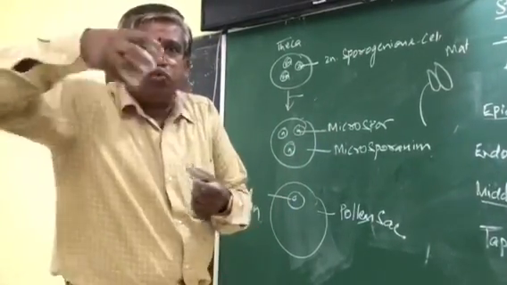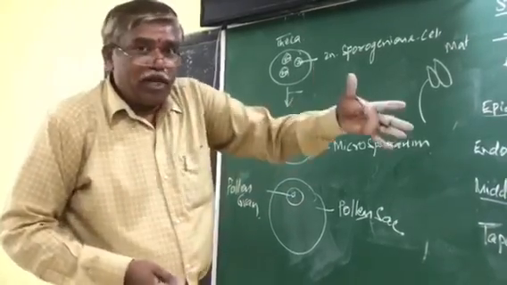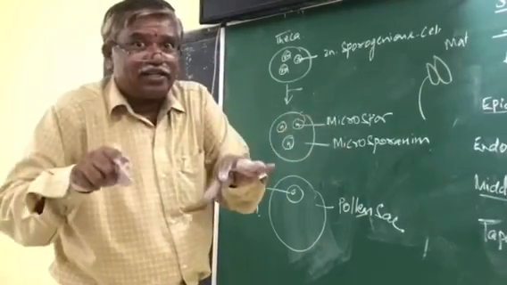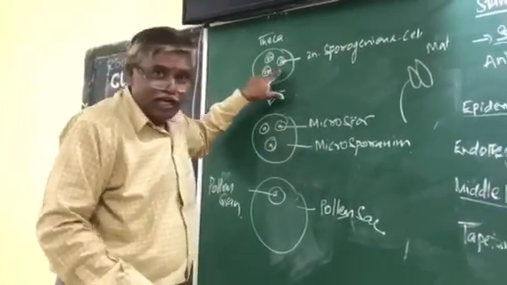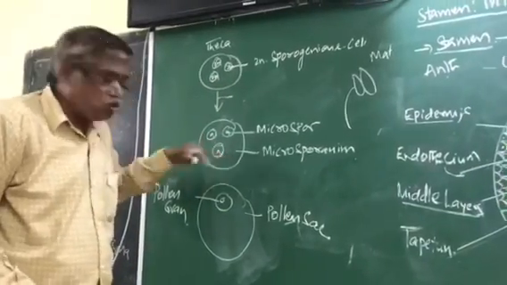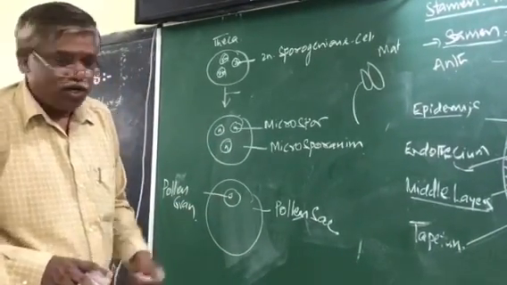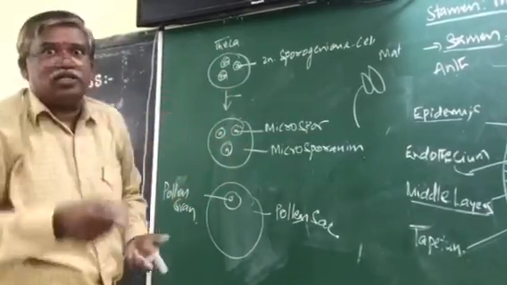When the anther is growing from young to mature, internal changes occur. The internal changes are like this: theca, microsporangium, pollen sac. Right? Simultaneously, the cells also change.